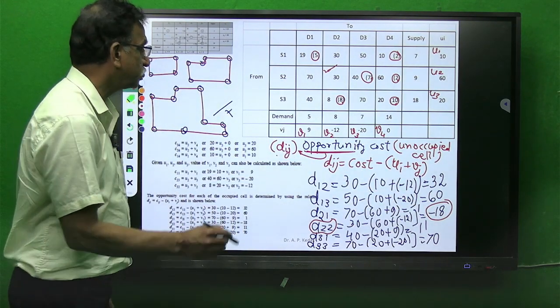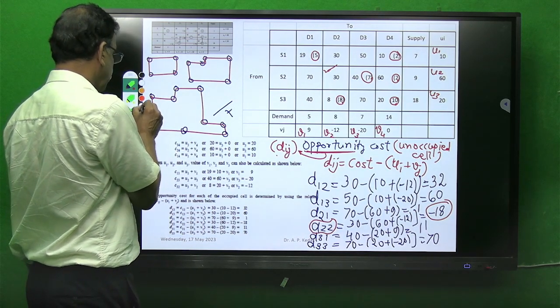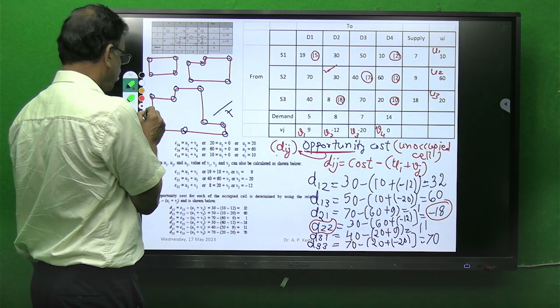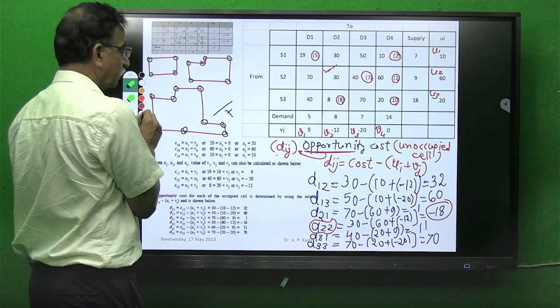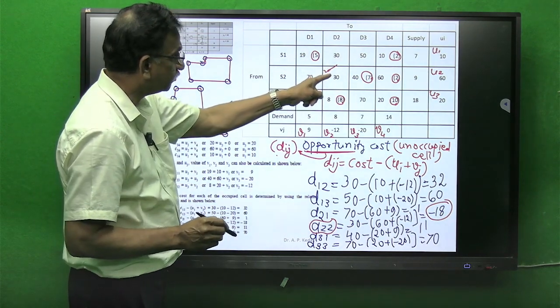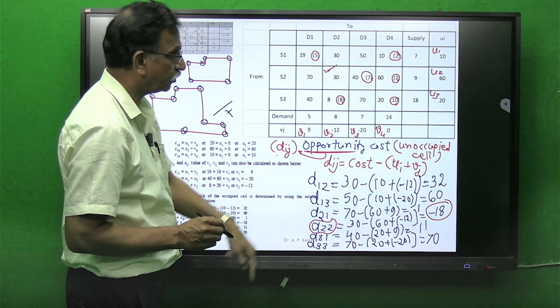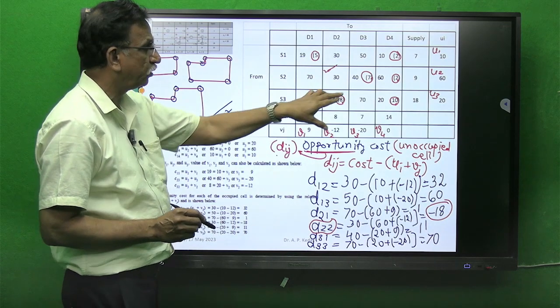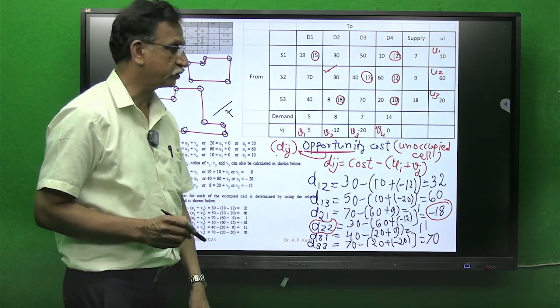And then draw a series of horizontal and vertical lines. Very important step. Draw a series of horizontal and vertical lines starting from this cell with other allocations, so that at the corners of the loop you are getting allocations.